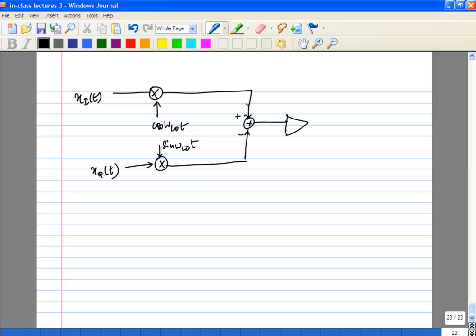And this goes through a PA. So you have a mixer, this is your direct conversion transmitter.